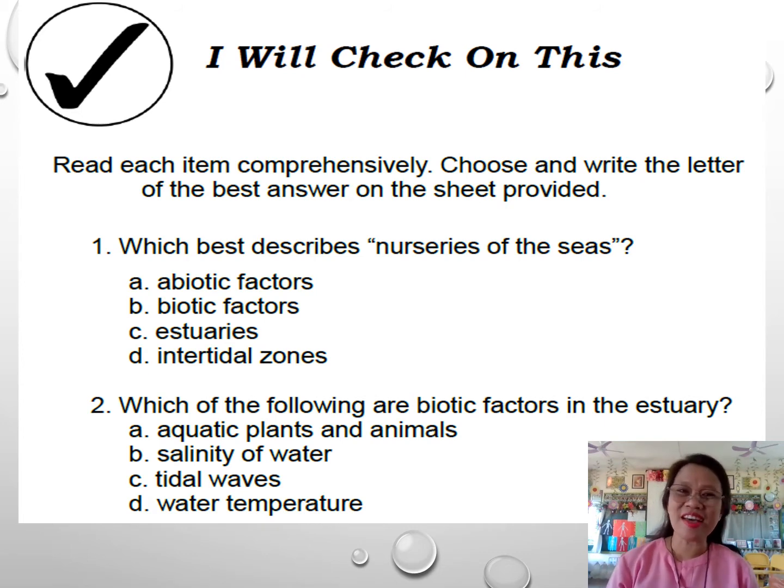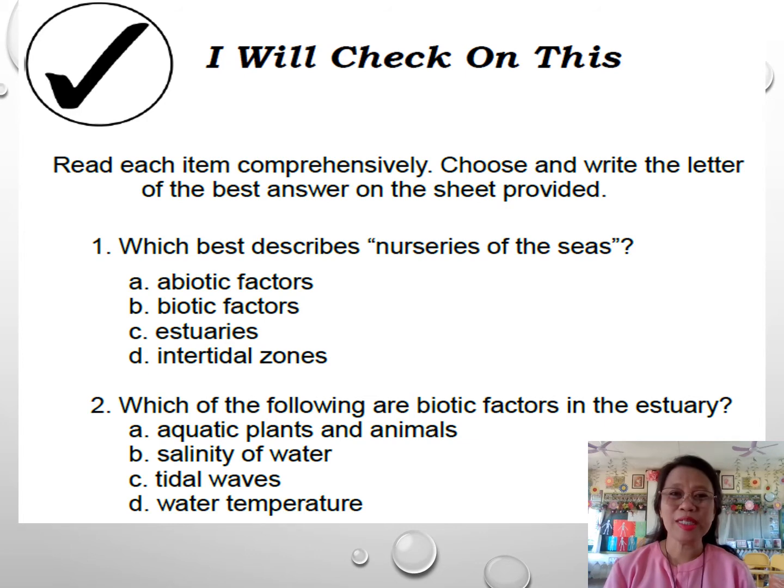Let's get started. Number 1. Which best describes the nursery of the seas? Nursery of the seas. Again, which best describes the nurseries of the seas?